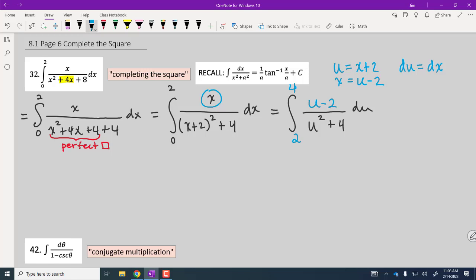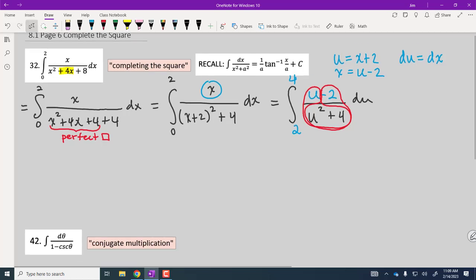Now, we have a numerator with 2 terms, so we can take that denominator and we can share it with the numerator. We can split the fraction. Whenever we have a numerator that's got more than one term, we can always take that denominator and share it with the numerator. So we are going to rewrite it.